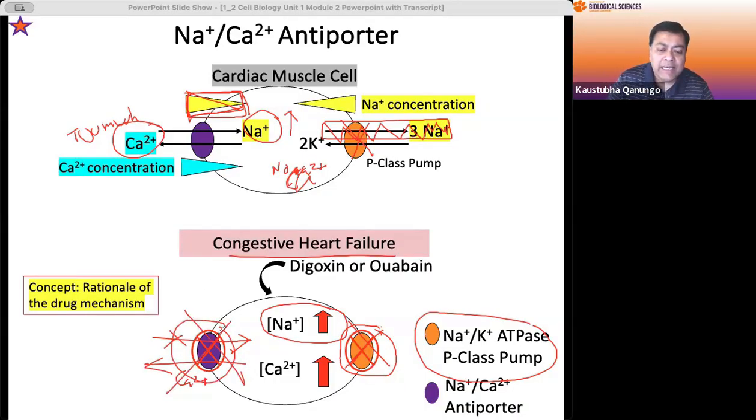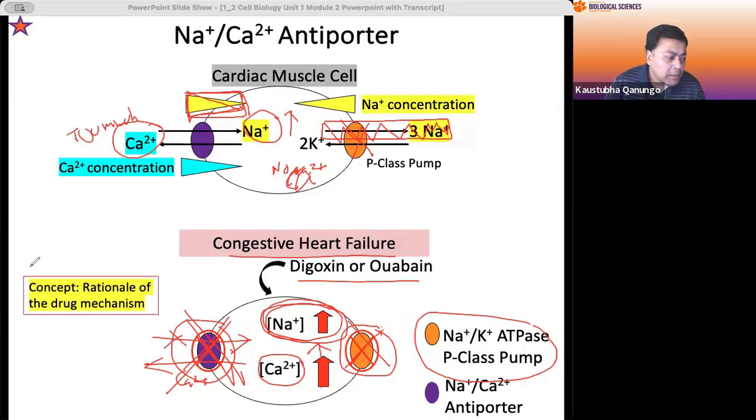So this is an indirect effect where the sodium-potassium pump is inhibited by digoxin and ouabain, which leads to an intracellular sodium increase. That leads to stoppage of the sodium-calcium antiporter, which stops calcium export from the cell, and it increases the intracellular calcium so that the heart can function again.